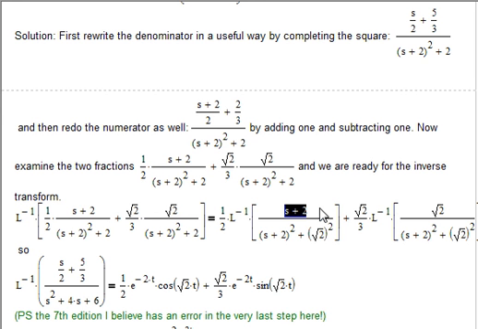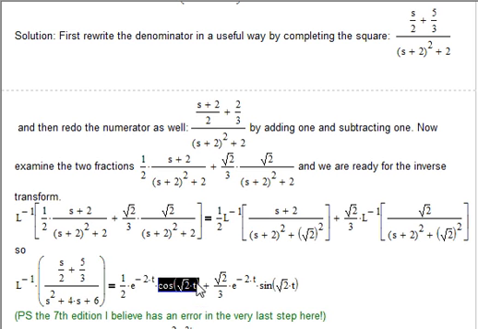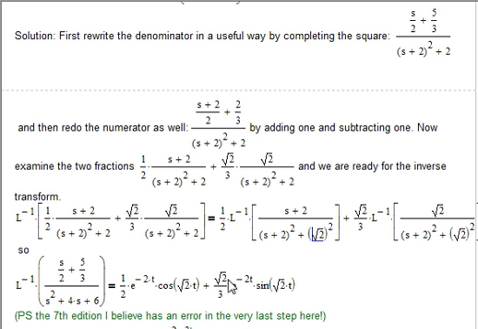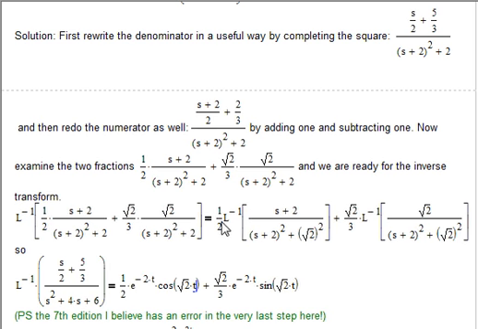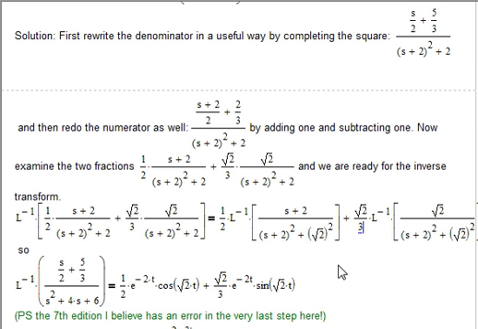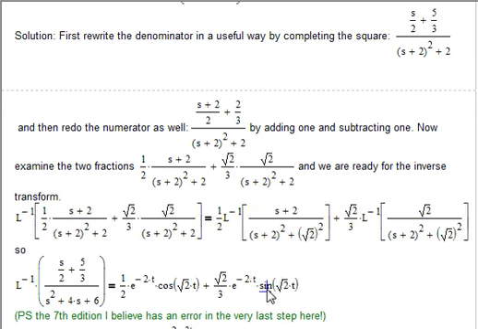So it would be cosine displaced 2 units, so e to the negative 2t times cosine of square root of 2 t. And the half is a multiplier in front of the whole thing. Now this one, square root of 2 over 3 times, okay, we're going to displace sine of square root of 2 t by that same factor, e to the negative 2t.